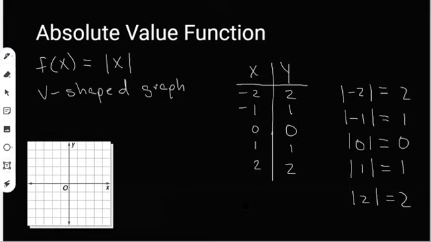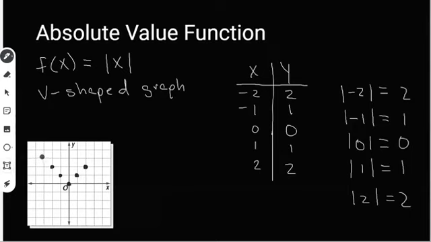So now we can take all 5 of these points and we can put them on our graph, right? Let's try that. So I've got 0, 0. That's going to go right here. I've got -1, 1. -2, 2. I've also got +1, +1. That would go right here. And +2, +2.